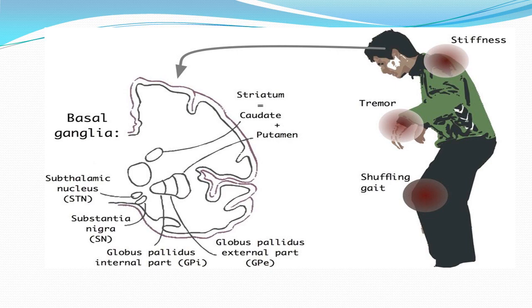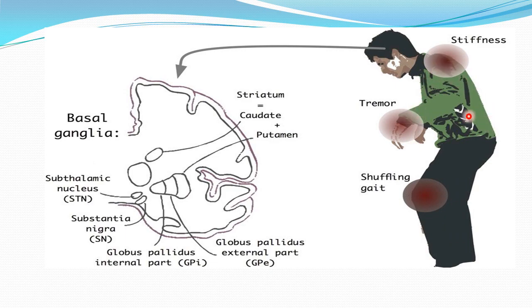See, these are the features of the Parkinsonian patient. The patient is folded on itself, having a shuffling gait, tremor, and stiffness.